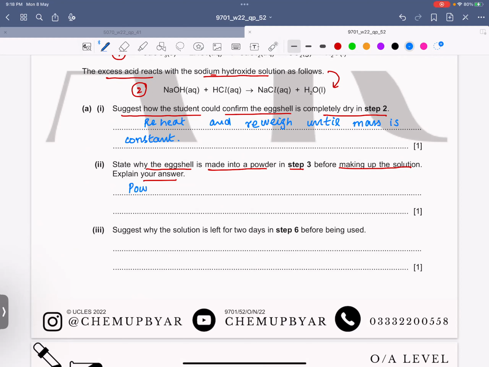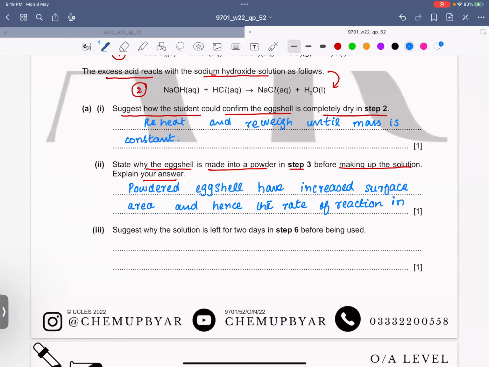So I can write over here that powdered eggshell has increased surface area and hence the rate of reaction increases. Is this part understandable?